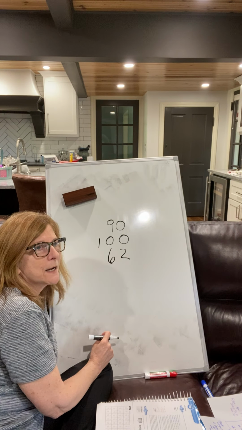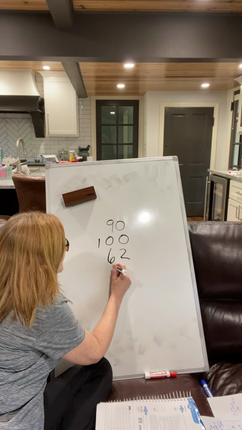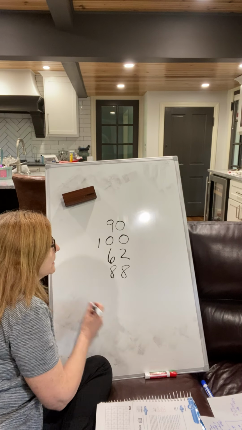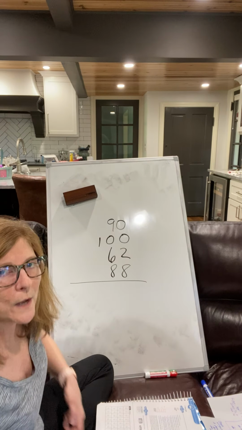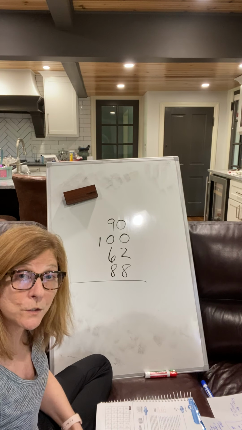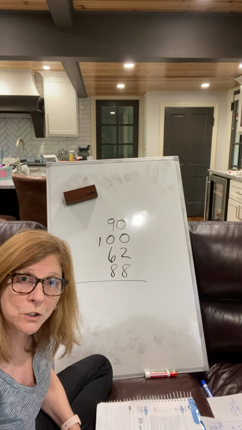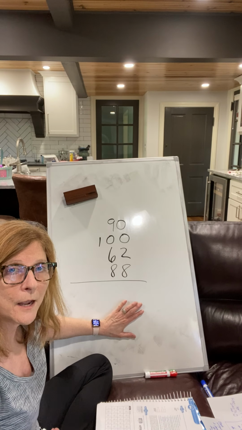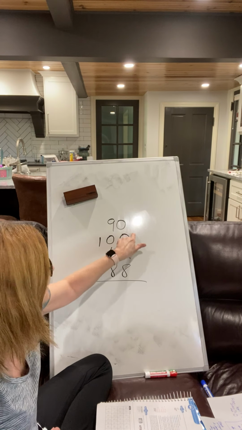And then let's say one day you get an 88. All right? How do you get your math grade at the end of the year? Well, what I do is take an average of your grades. So what I do is I add up all your grades, and then I divide by however many you had.